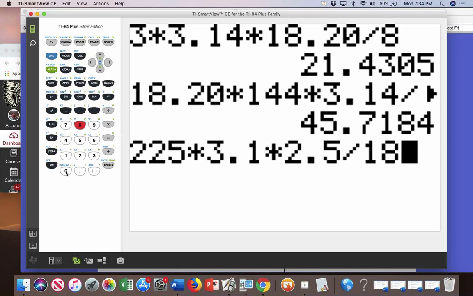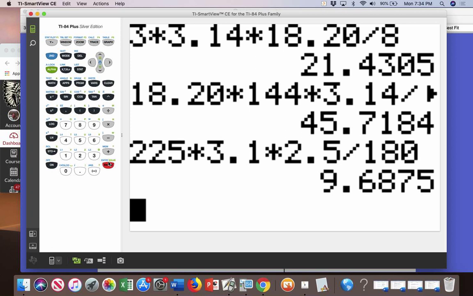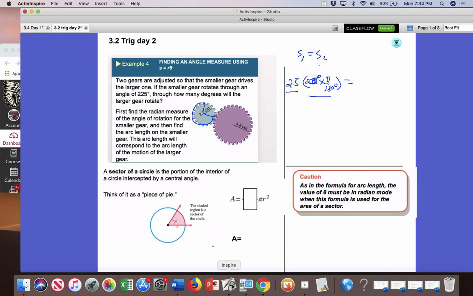That gives us the left side, which equals about 9.68. Okay? So that is the left side of our equation. So that would actually be the arc length that the small circle makes.